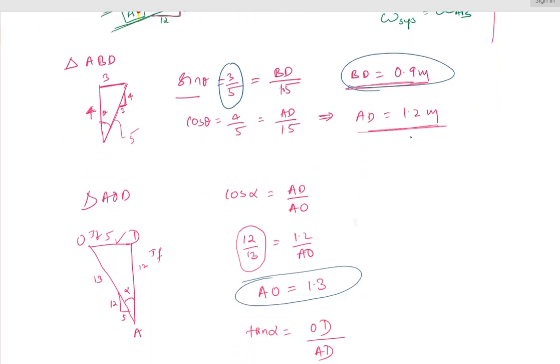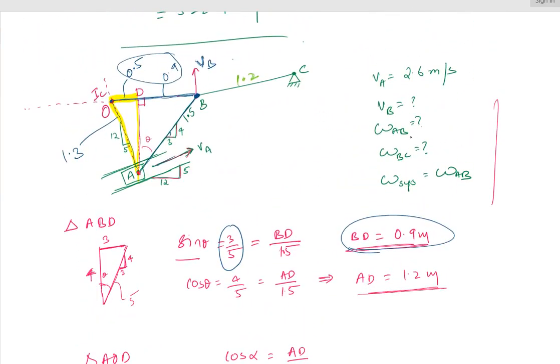So we use that to find these distances. We found this from this triangle, and we found this and this from this triangle. That way we found the radius AO, and then we found the radius BO.